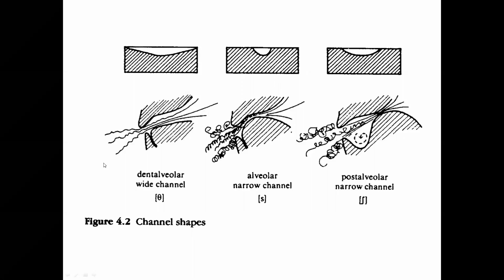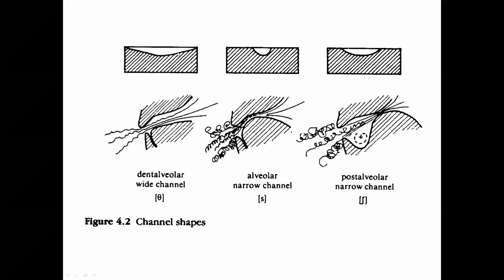Here are just 3 of the 6 sounds we talked about, representing the same thing we talked about in words. And why we are interested in these channel shapes is that there's something children might mix up when they need to be taught the articulation. If there's some sort of articulation problem, this might be the underlying reason why their sound's not coming out right, because all of these shapes change that turbulent airflow.